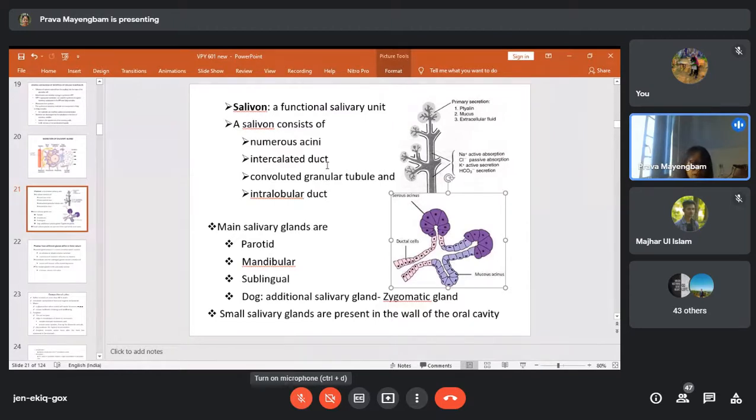One lobule will have one lobular duct, another lobule will have another. So these are the components of a salivon.